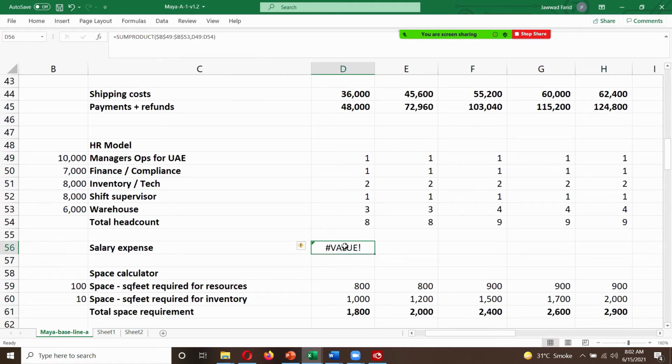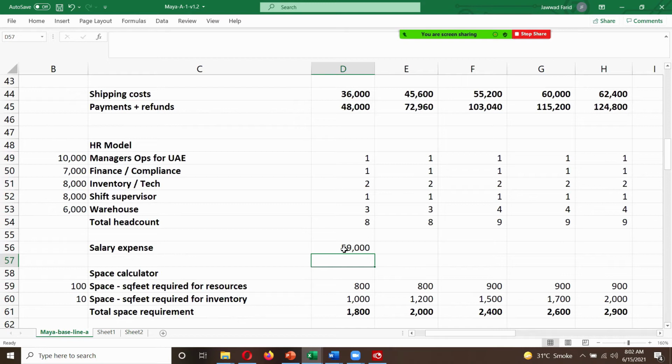Oh, Excel does not like my calculations, and the reason is it's 10,000, 7,000, 8,000, 8,000 and 6,000. I've done something wrong with 53. There you go, that's better.